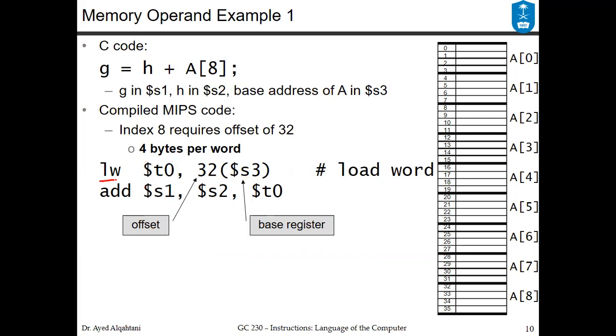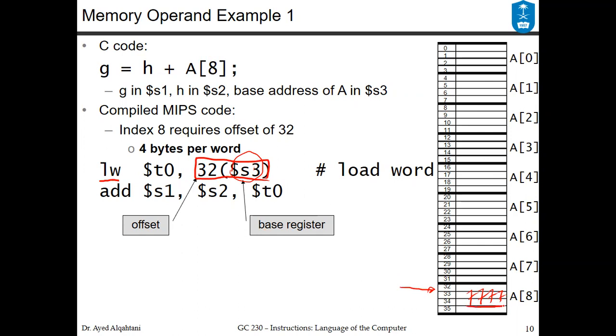Because this is a load instruction, you go to the memory: you take the base register, add to S3 the offset 32, and then go to the memory at this address that we generated, the base plus the offset. We know that the address is right here. So now we take the variable that was stored here. Let's say that the variable is 7,777.